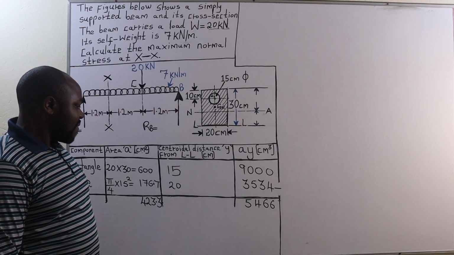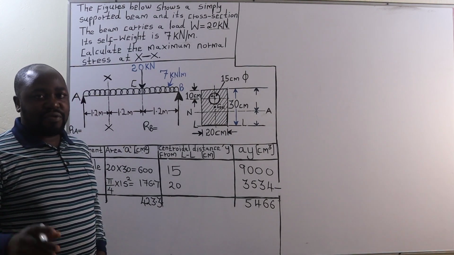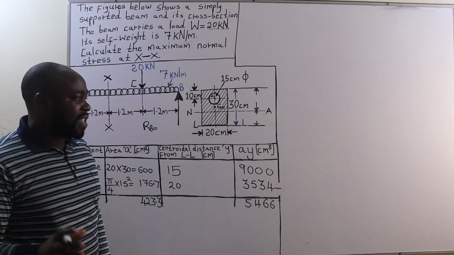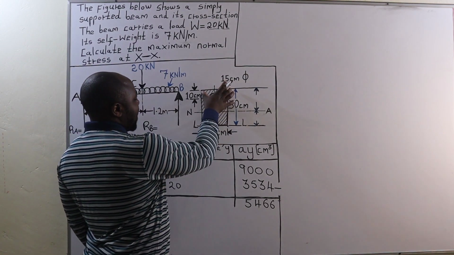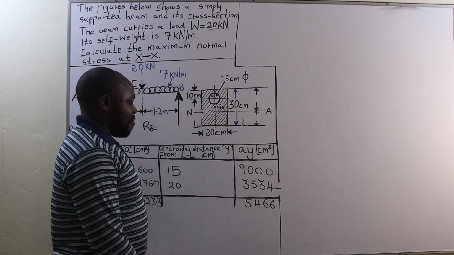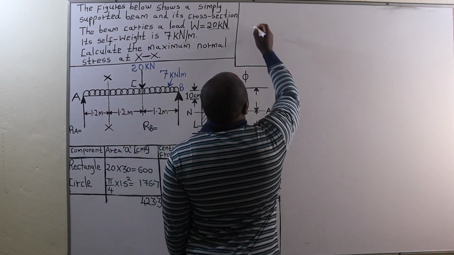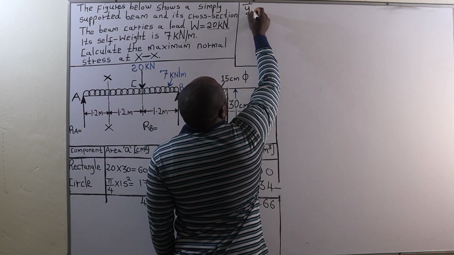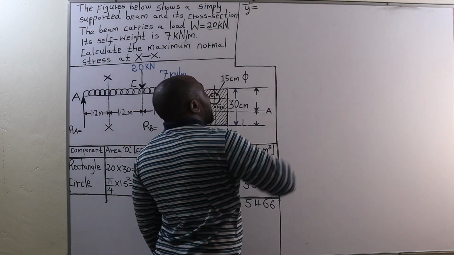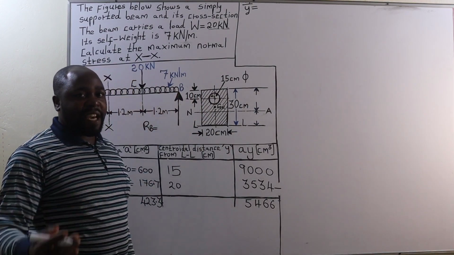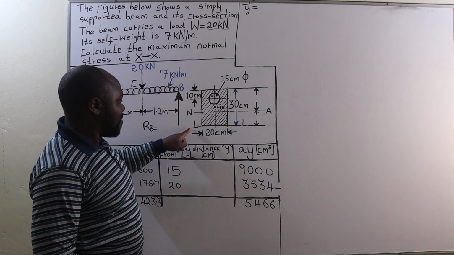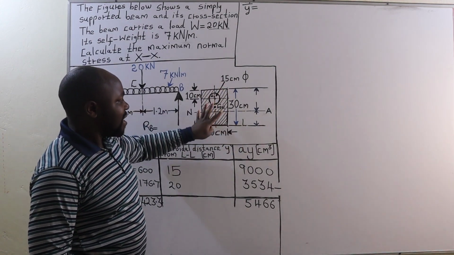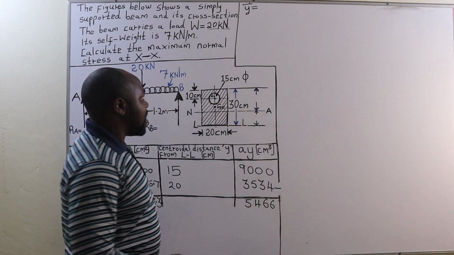From there, for us to be able to determine the position of the center of gravity of this rectangular beam section, we are going to determine bar y, which in this case is the distance from LL up to the center of gravity of this section.